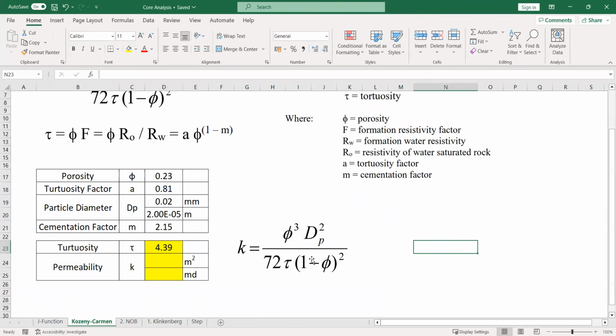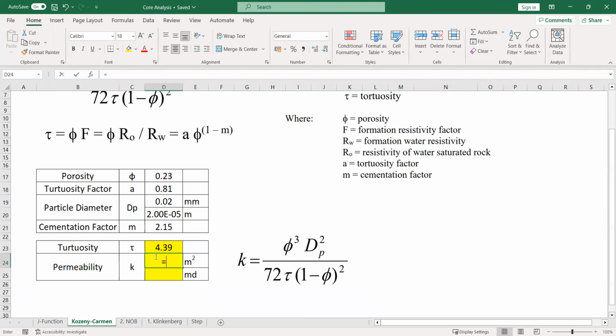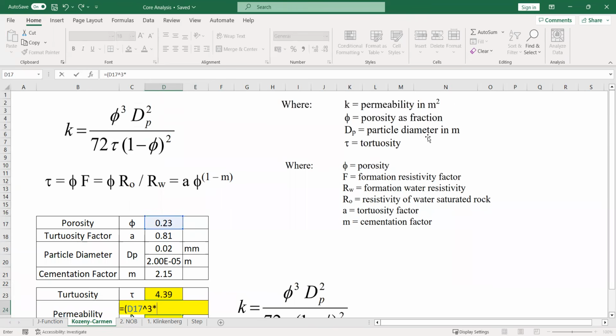All right, so it's this porosity, open parenthesis first, powered by 3 multiplied by dP squared, dP in meters squared.